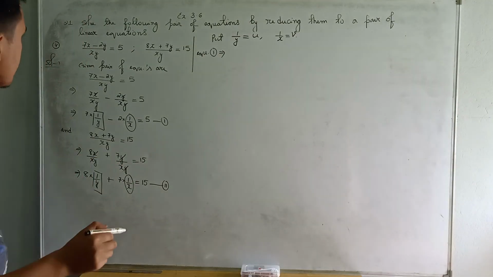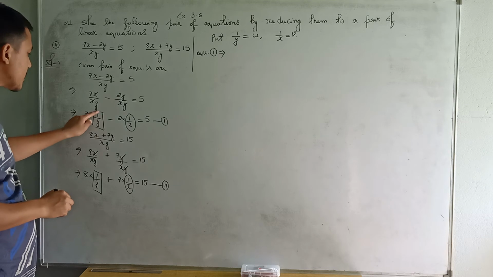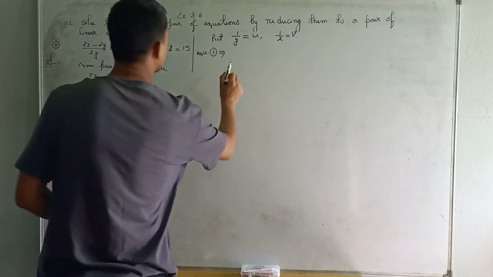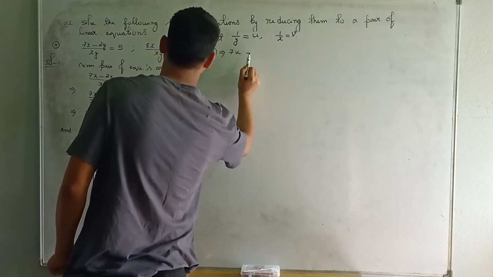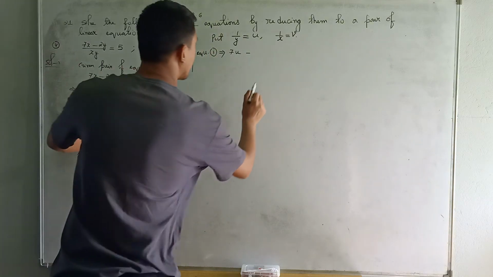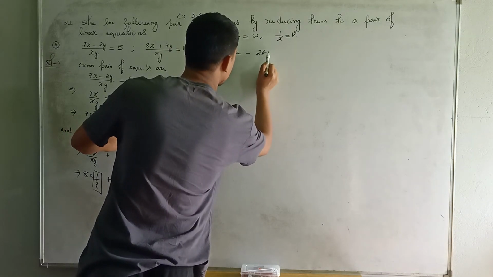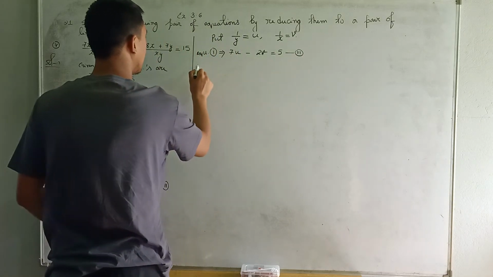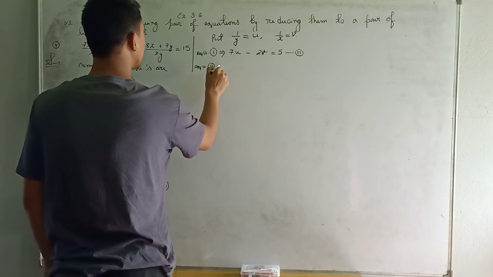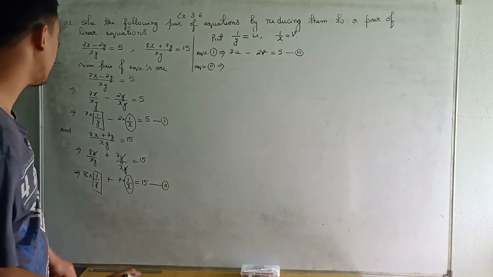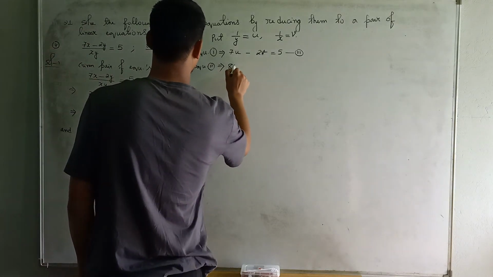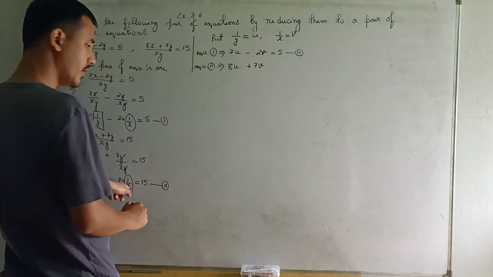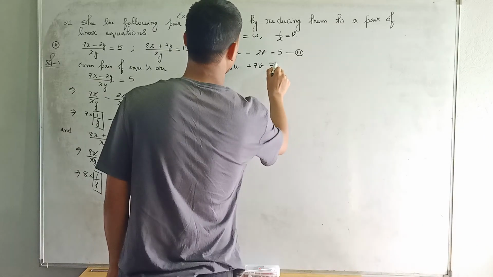Then your equation 1 becomes 7 times 1 by y. 1 by y, I'm replacing it by u. So 7u minus 2 times 1 by x, 2 times v, right, is equal to 5. You have a new equation 3. And then your equation 2 becomes 8u plus 7v, right, is equal to 50.